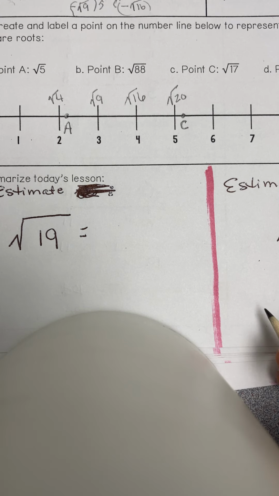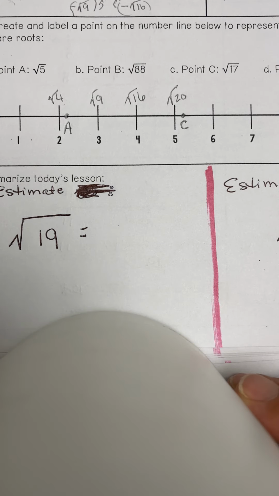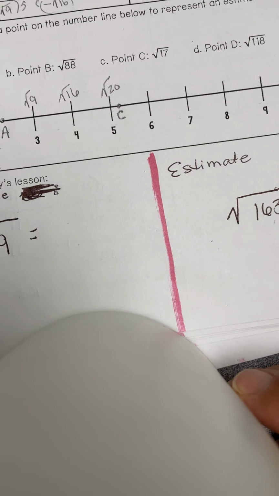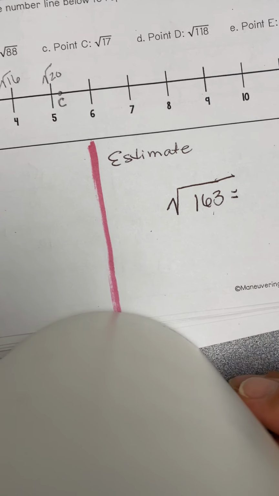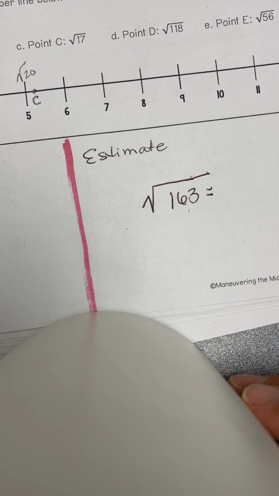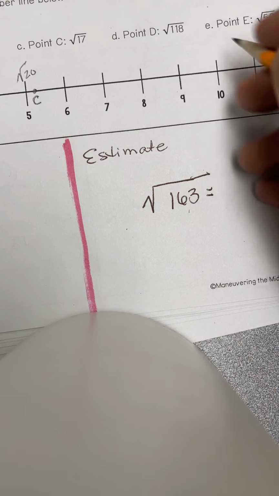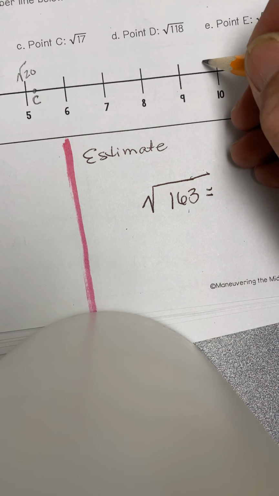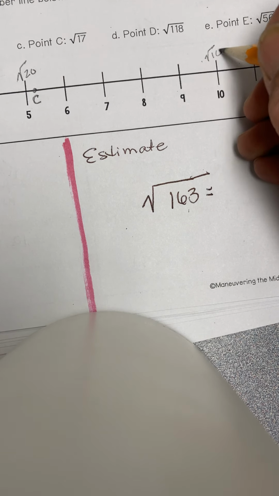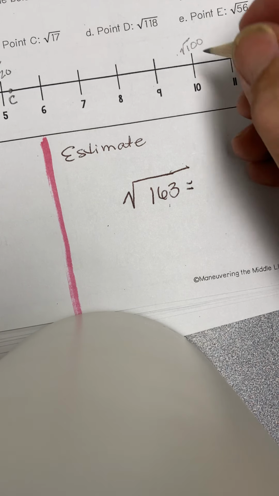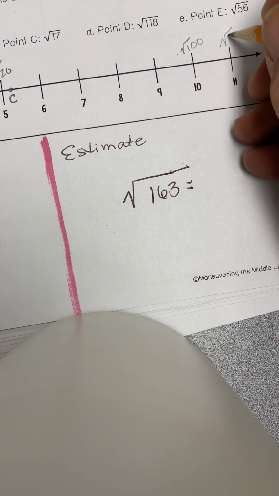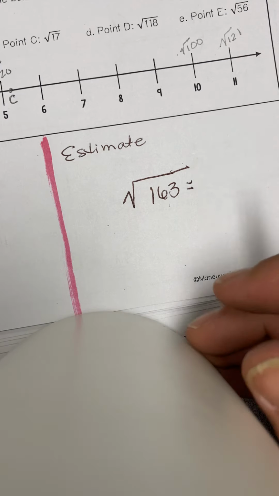Let's see, there's A, B, C, D, and E. 1, 2, 3, 4, 5. Let's see, I'll do one more. I'll do D, 118. So we're going to go way down here. Point D is 118. 100 is here. Square root of 100 is 10. Square root of 121 is 11.